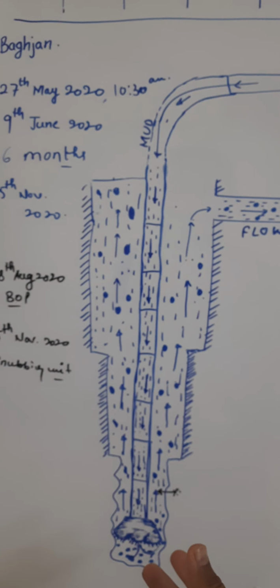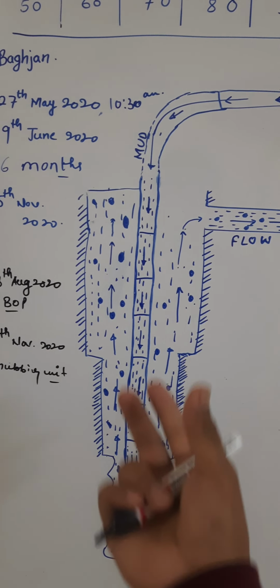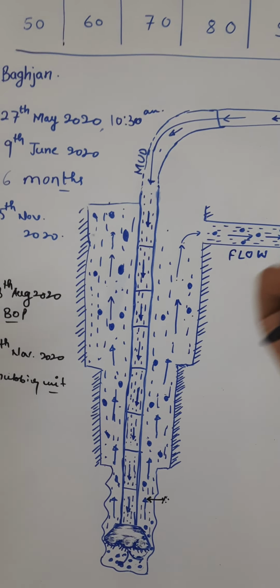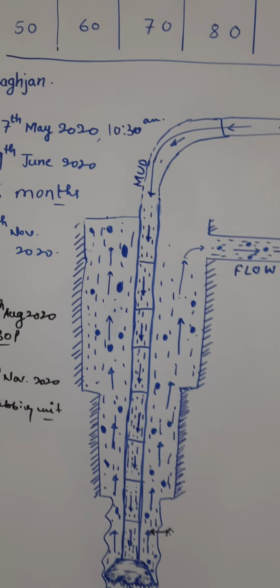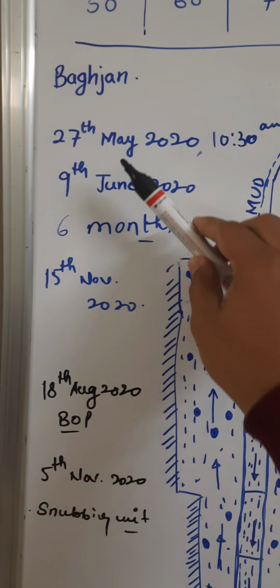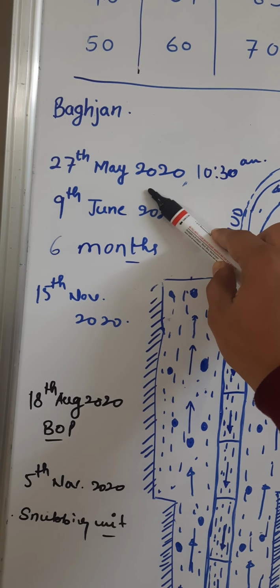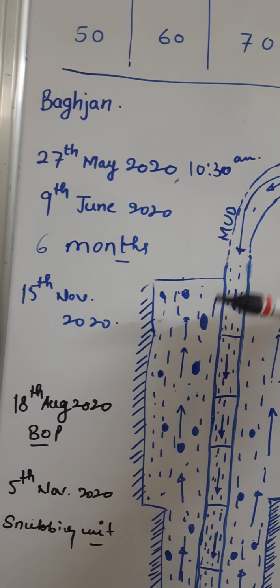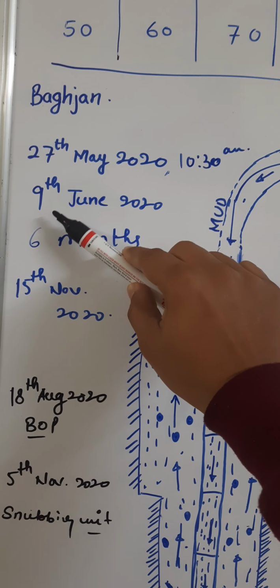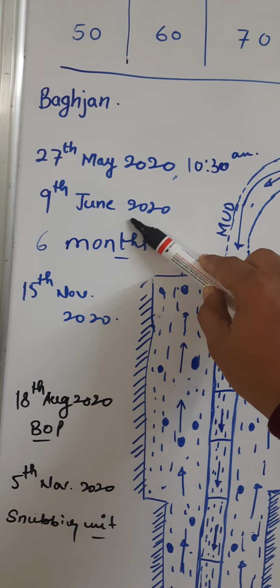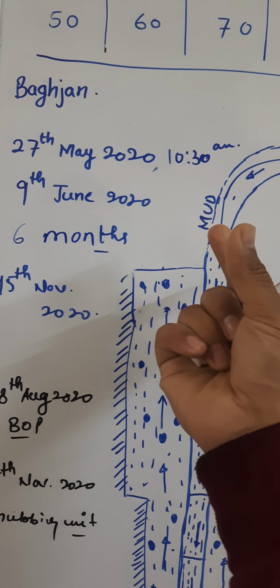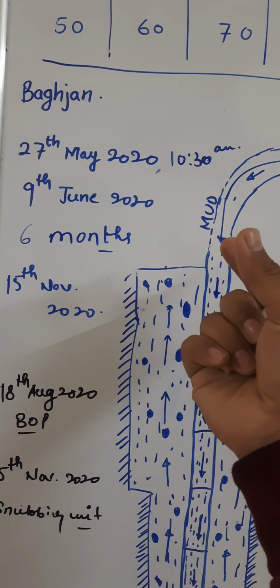From the well, an uncontrolled flow of gas was coming at the surface. On 27th May this happened, and the gas was coming out at the surface. On 9th June 2020, this gas caught fire.